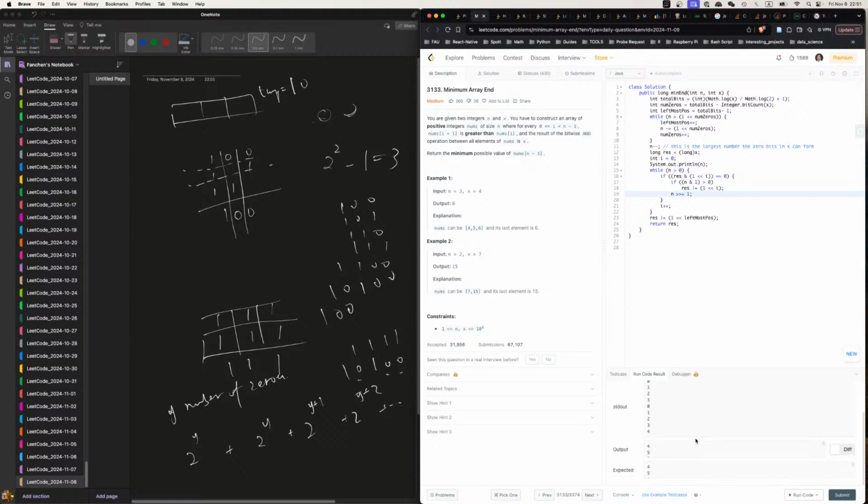Nope, it's not. Which one is wrong? The last one. Okay, no problem. Let's get the last one. So basically we handled them. So now we need to move 1 position more. Right, 1 position more.